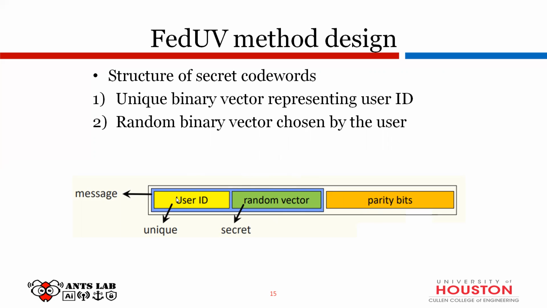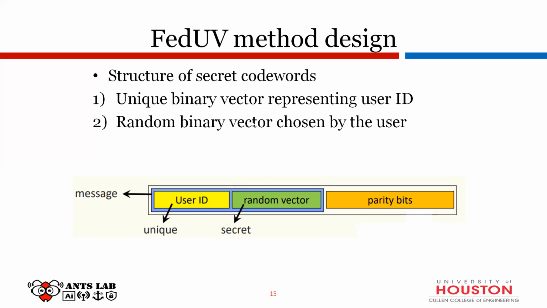In this paper, the user ID they set here is at least 22 bits, and the same goes for the random vector, at least 32 bits. With this combination of those binary vectors together, we can get a new secret code word for every single user.